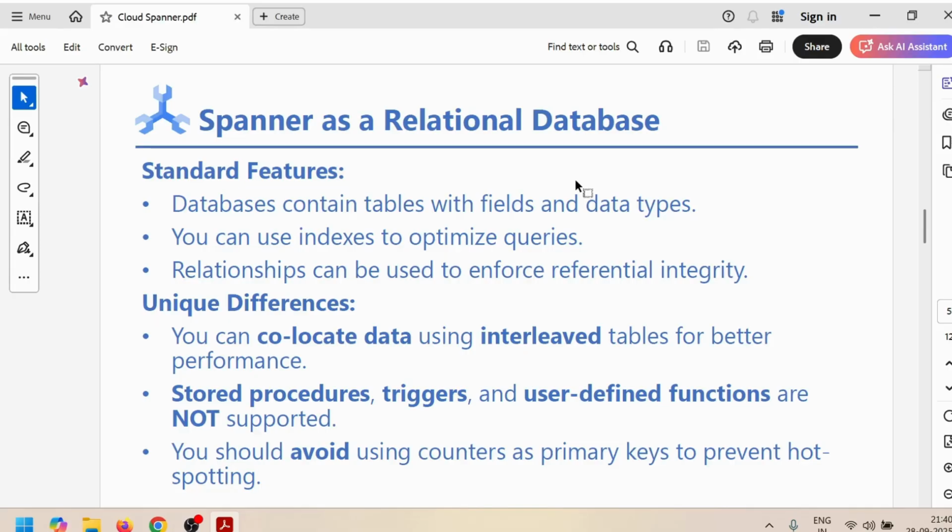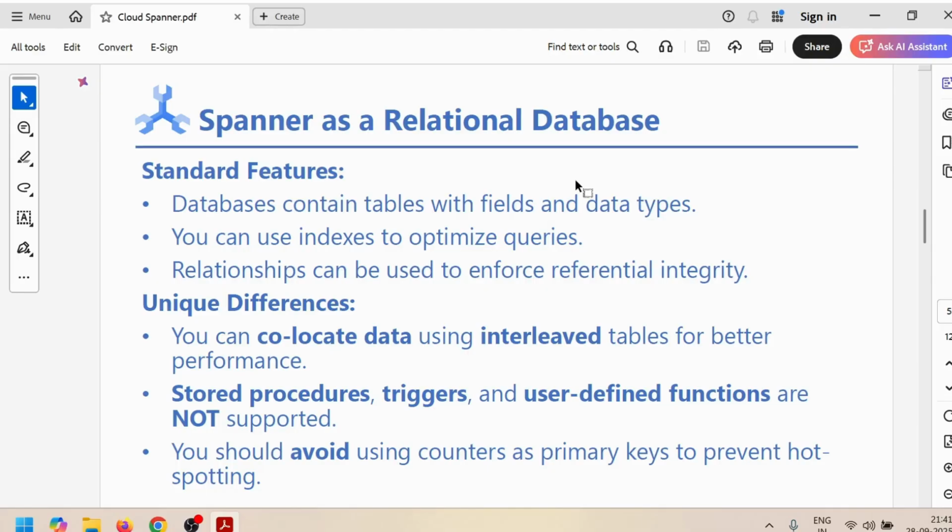When you define a child table as interleaved in a parent, Spanner stores the child rows in the same split as the parent rows. And this means that reads, writes, and joins involving both tables are faster because they avoid cross-split or cross-node communication.